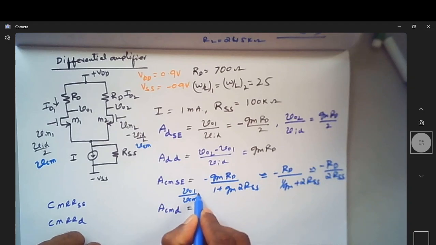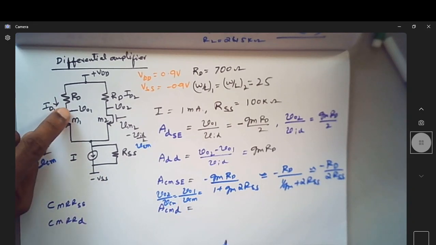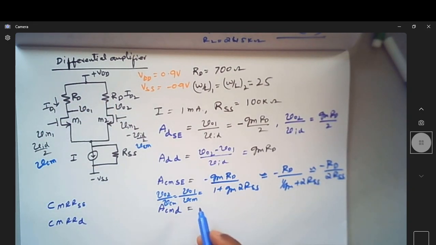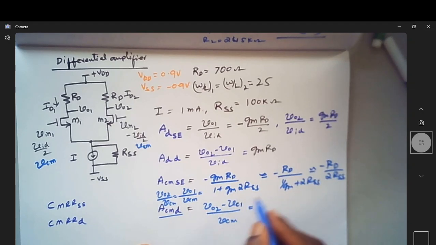So I'll get the same expression whether you measure at this point or this point; the gain expression remains the same. So what is this? This is the common mode differentially measured gain, which is nothing but V02 minus V01 by VCM. Since both the magnitudes are the same, if you take their difference, it will be 0.